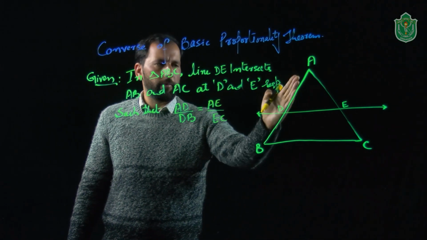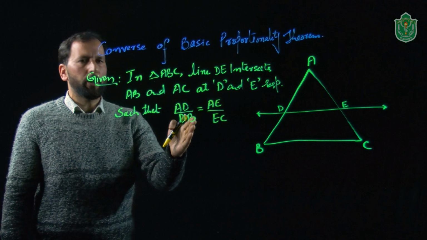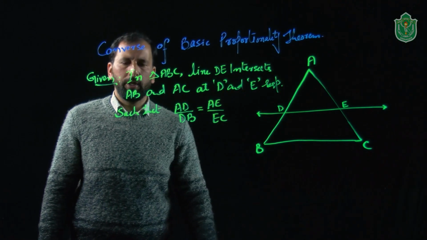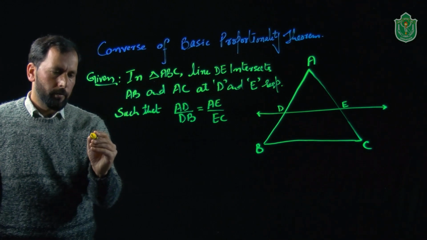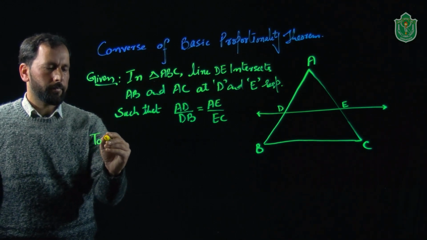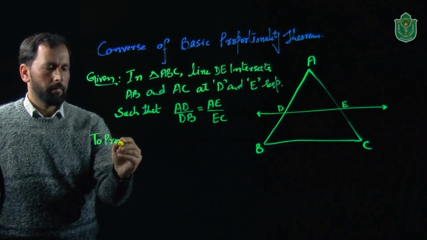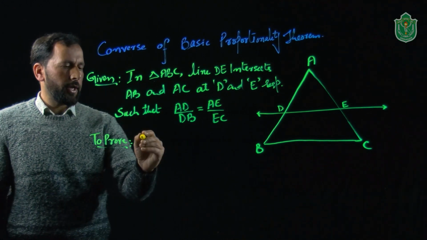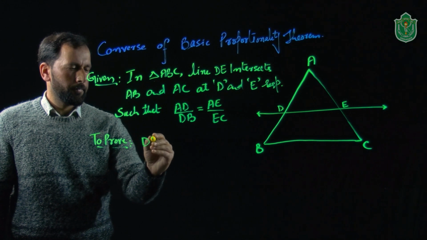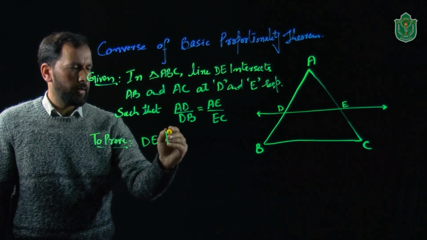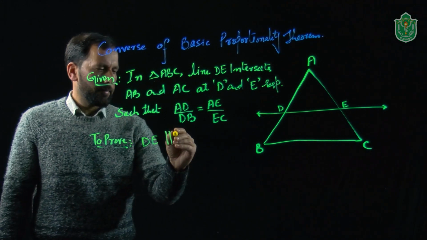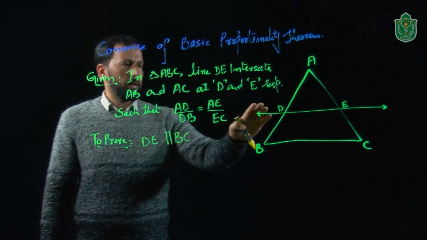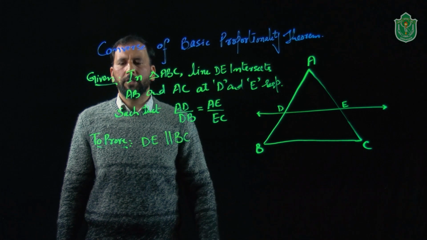A line divides the two sides in the same ratio, that is AD by DB is equal to AE by EC. Then what we have to prove here is that this DE is parallel to the side BC. We have to show that line DE is parallel to BC.